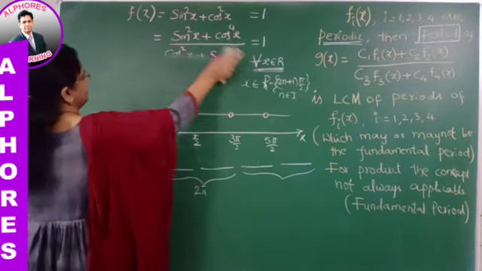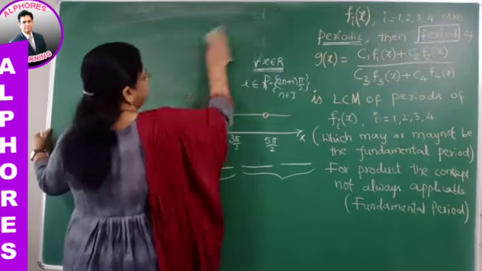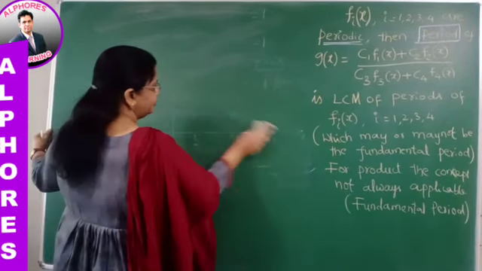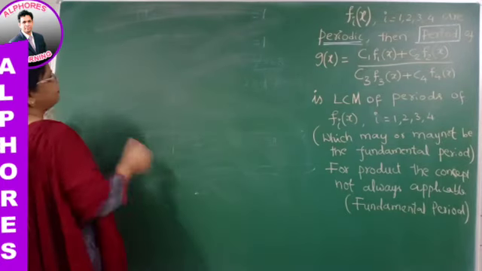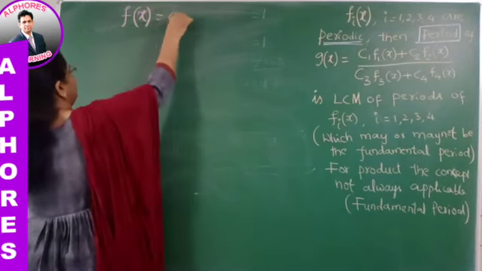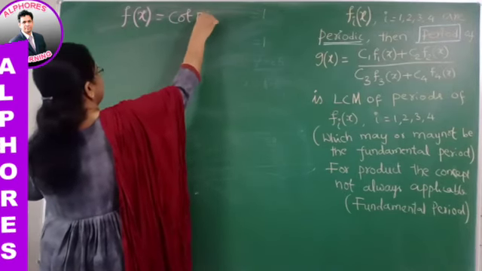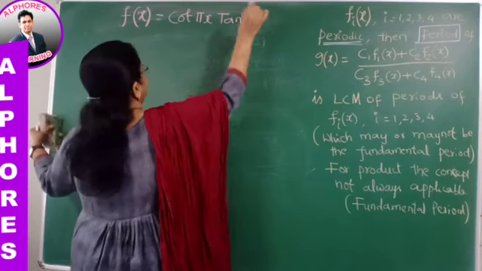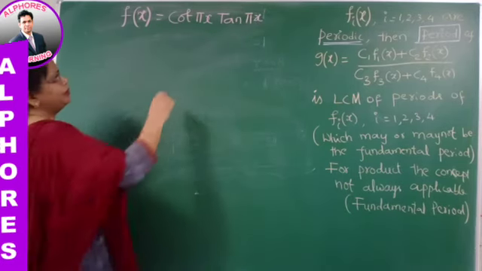Okay, and let's take another example. Suppose f of x is equal to cot pi x into tan pi x. Understand? Got it students? So this is the value you got. Now what is the x coefficient here?